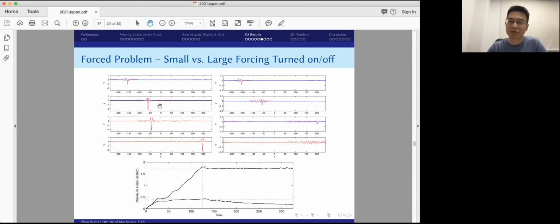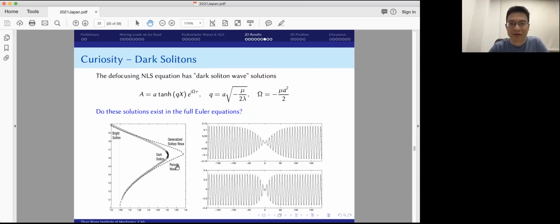If you turn off the forcing, these solitary waves can coexist with the sea surface state, and they propagate as a stable solitary wave for very long distances, and it will break sometimes when the ice sheet becomes very thin. So that's the direct numerical simulations.